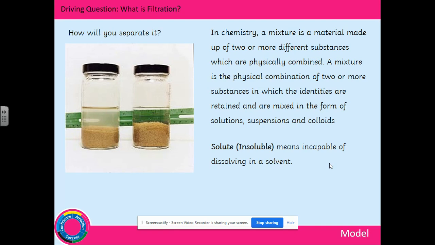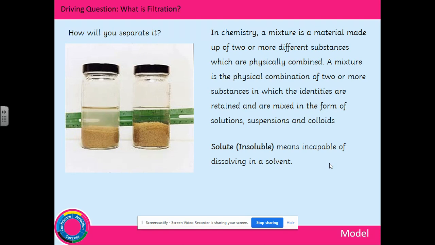Now what we have here is sand and water. And of course, we know sand is insoluble and it will not dissolve. Now, in this case, we have a solute. Remember the terms that we use, the S's: solute, solvent, solubility. Those words, yeah? Now we're going to use a few of them.